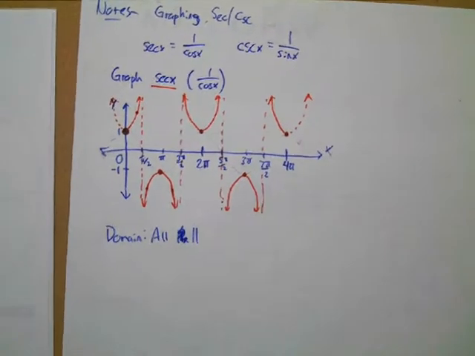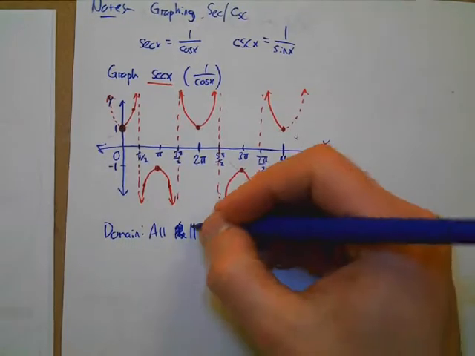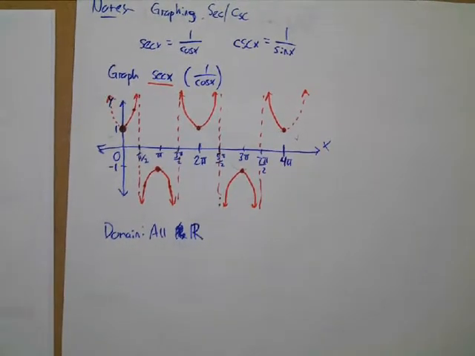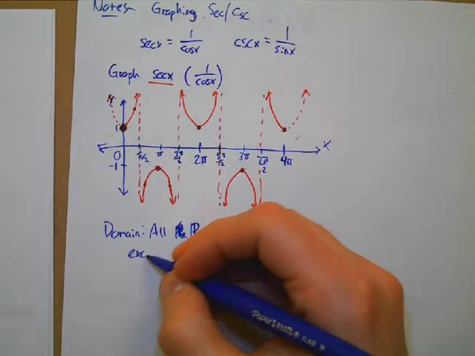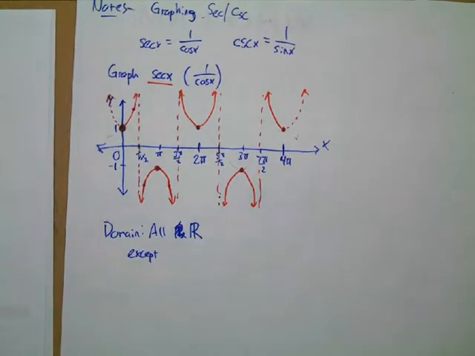So all real numbers except, well, there's an infinite number of exceptions here, right? If we wanted to describe the domain for this entire function, there's an infinite number of exceptions. How do you describe an infinite number of exceptions? Well, you start with one of them.